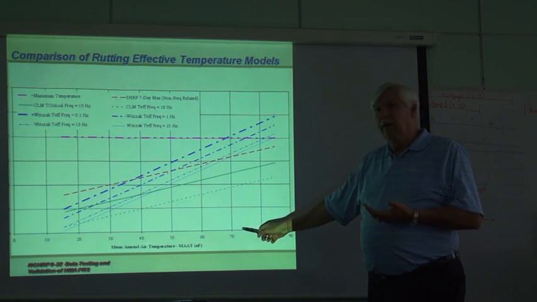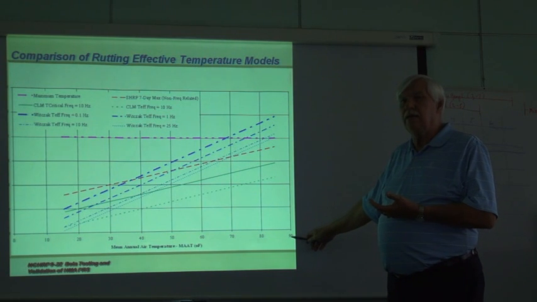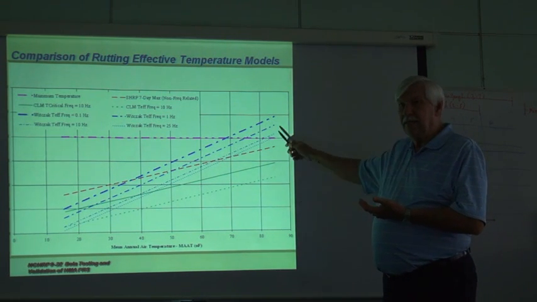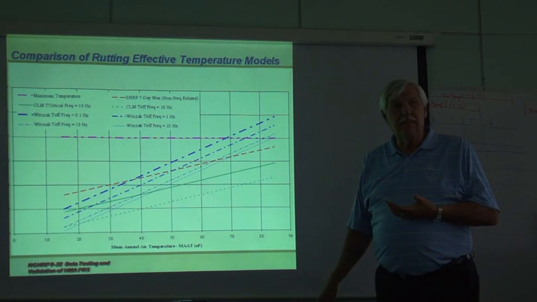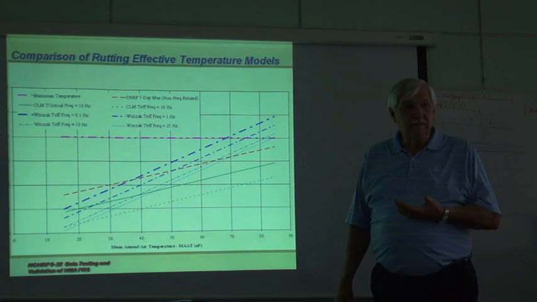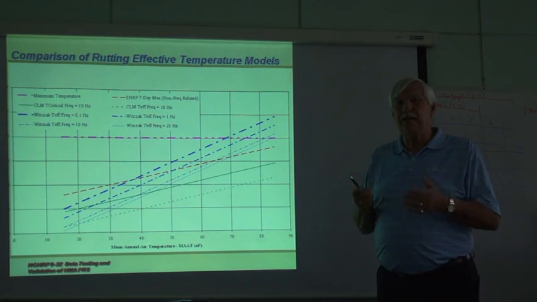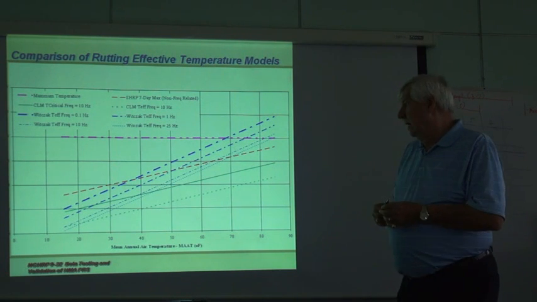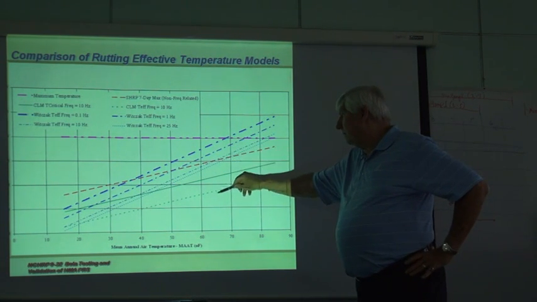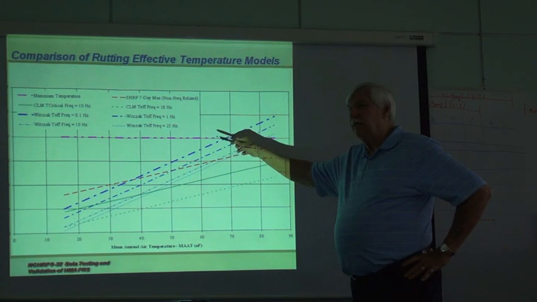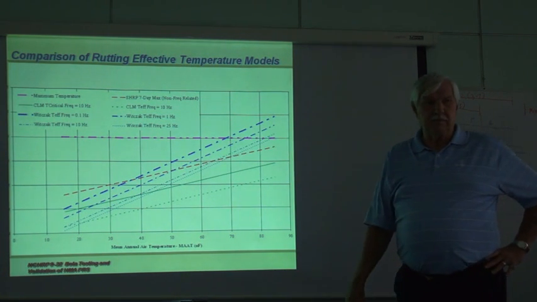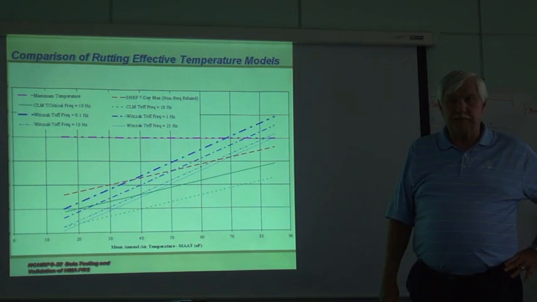The government of Qatar uses Marshall stability, and they're at 160, 170 degrees. Everybody uses that as my effective temperature. A couple of years ago during the SHRP program, Carl Monismith came up with his own version of the effective temperatures for the earth.